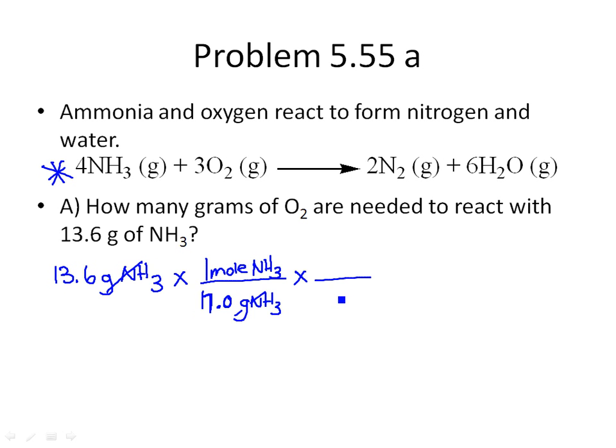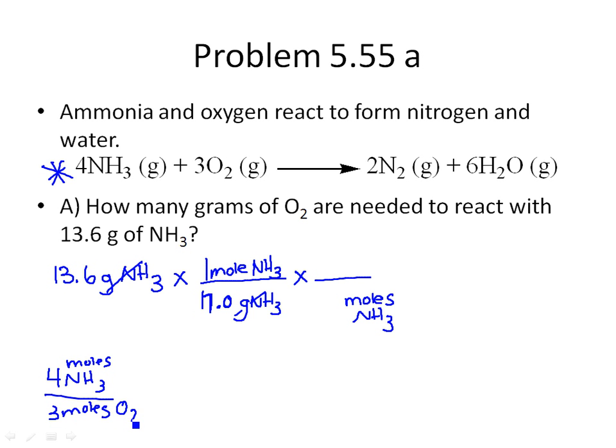Okay, so we know our next step, we're going to have moles of ammonia on the bottom. This is our main key step where we have to use the coefficients in our balanced equation. If we look at our unit factors here, for every 4 moles of ammonia, we have 3 moles of oxygen.